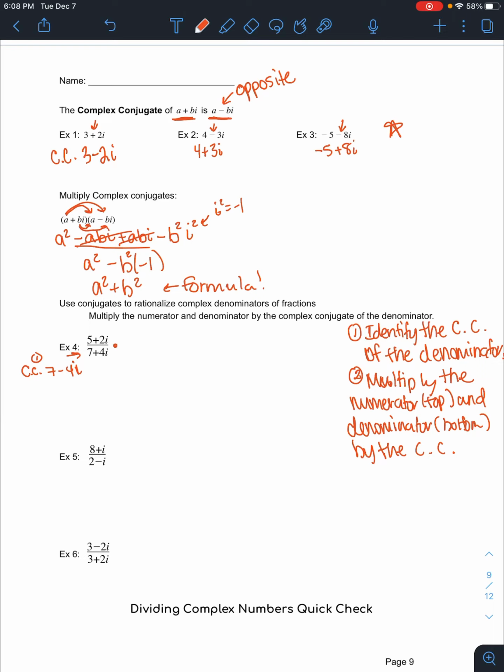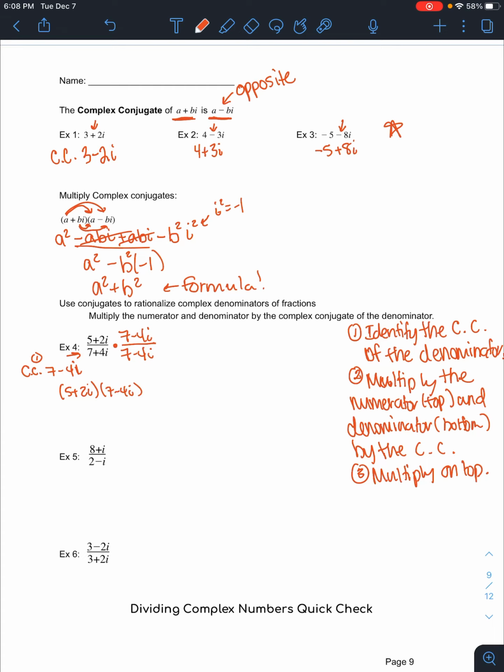So I'm going to multiply on the top, 7 minus 4i, and the bottom, 7 minus 4i. So then I'm going to step 3, multiply on top. So on top, I'm going to do 5 plus 2i times 7 minus 4i.